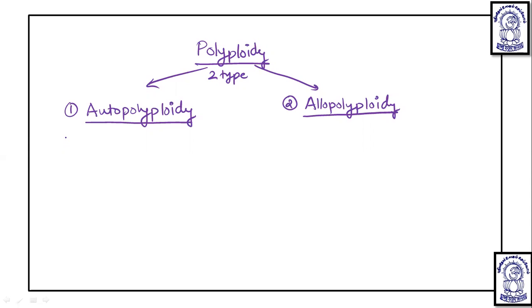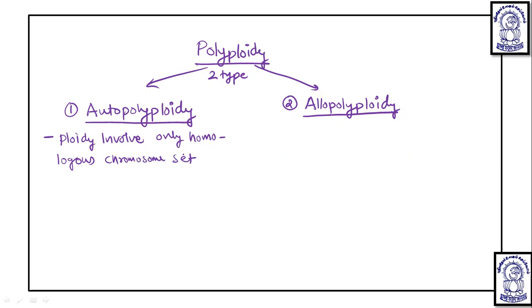Don't confuse with that, like auto is associated with the autosomes and allo is associated with the allosomes or sex chromosomes. It is not like this. Here autopolyploidy means, the term auto indicates that the polyploidy involves only homologous chromosome set.